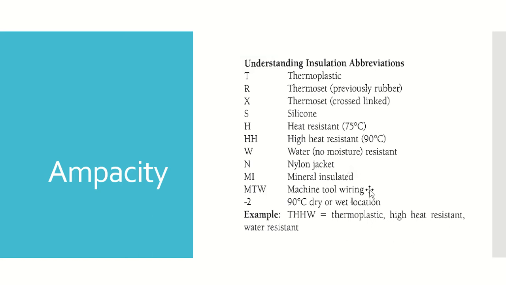You'll see this a lot: factory installed panels, like control panels, will have this machine tool wiring. That -2 tells me it's 90 degrees C dry or wet location. So when I put them all together, like I said earlier, one of the more common jackets out there is THHW. That would stand for a thermoplastic jacket, high heat resistant, and water resistant.